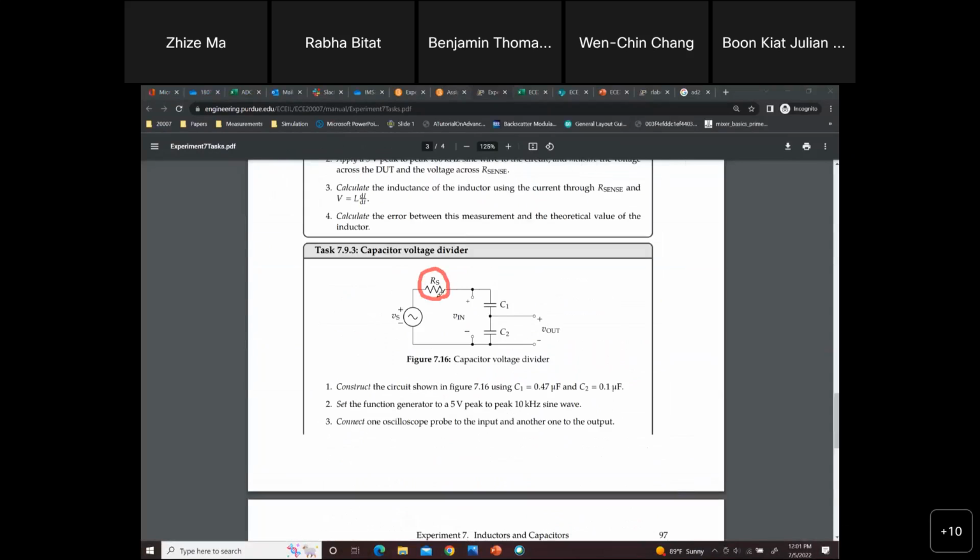Just ignore this RX, just short the circuit here. If you're using the benchtop equipment, the function generator itself has a 15 ohm internal resistance. But since you're using the AD2, there is no internal resistance of the function generator. Just ignore RS, just short to the C1.